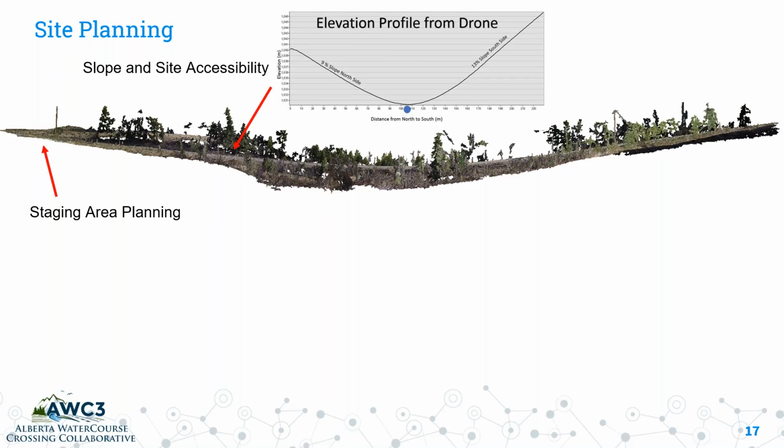Here we saw that the slope on the north side of the road is less steep than on the south side of the road. So we should be using the area on the north side as our staging area to put all of our materials, because it is a lot less likely that we're going to have a washout go into the river that we're trying to repair here.